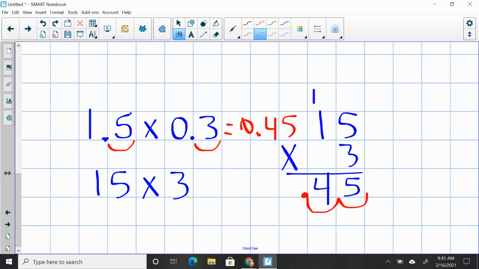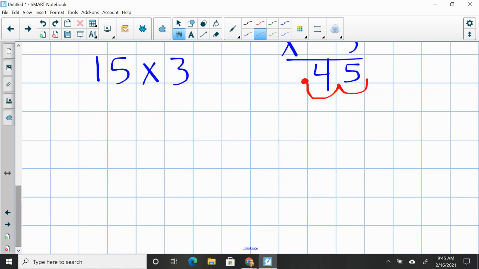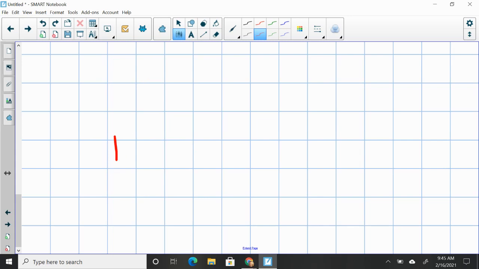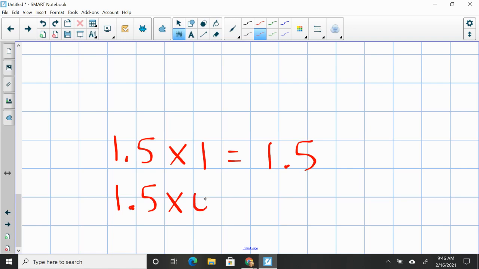Okay, so let me scroll down here again. If I took 1 and a half and multiplied it by 1, I would end up with 1 and a half again, correct? But if I'm taking 1 and a half times something that's less than 1, like this guy, my answer is going to be less than 1 and a half.